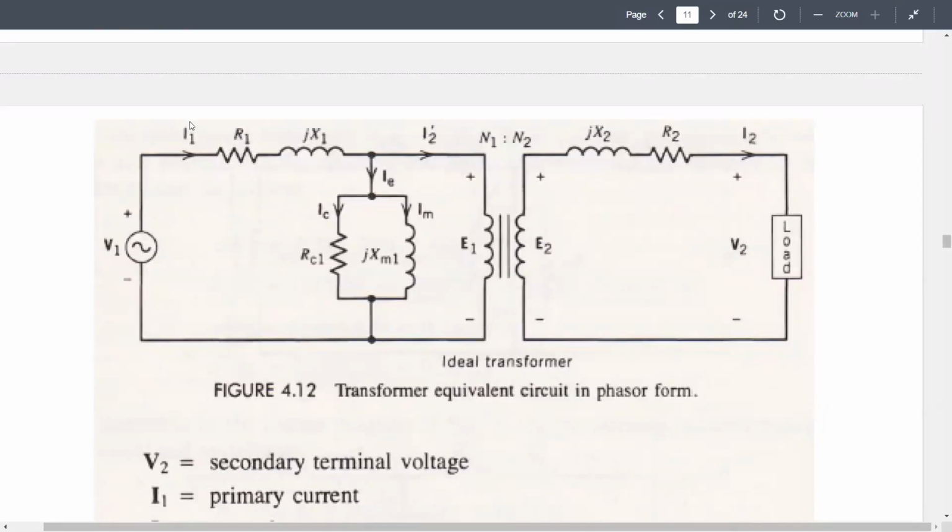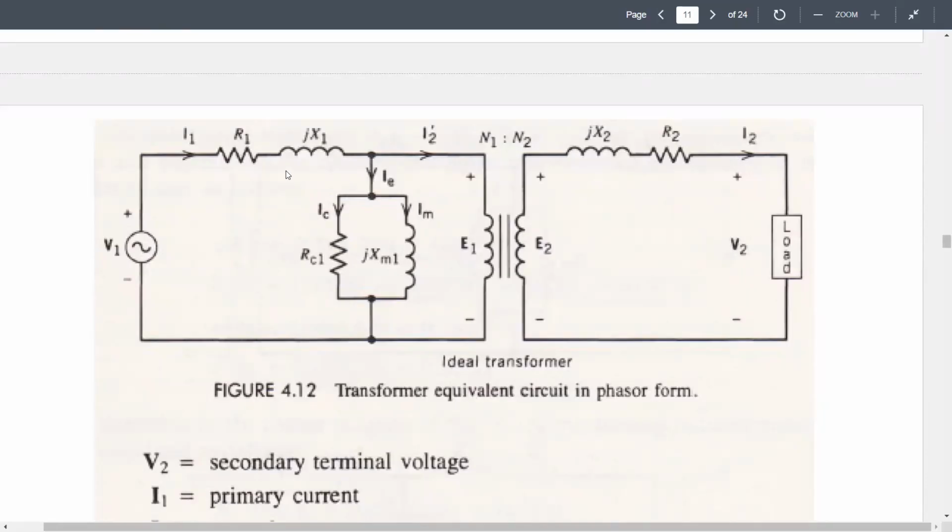So this I1 will be very low, and this one will go towards the core. This no load current, or open circuit current, will go to this path, and it will be split into two sections. One will be IC and another will be IM.